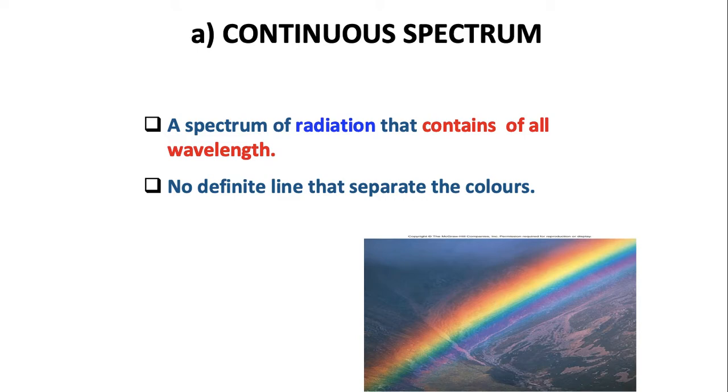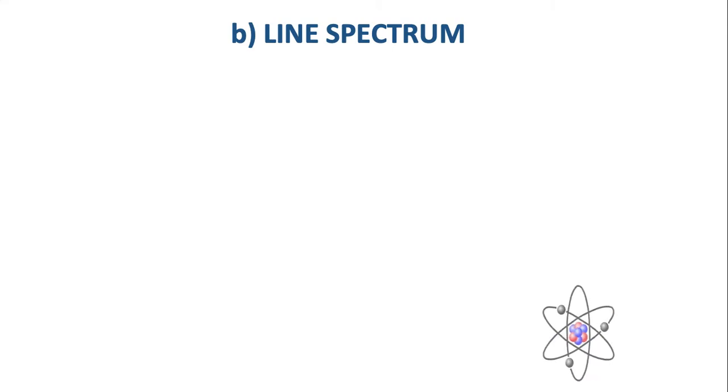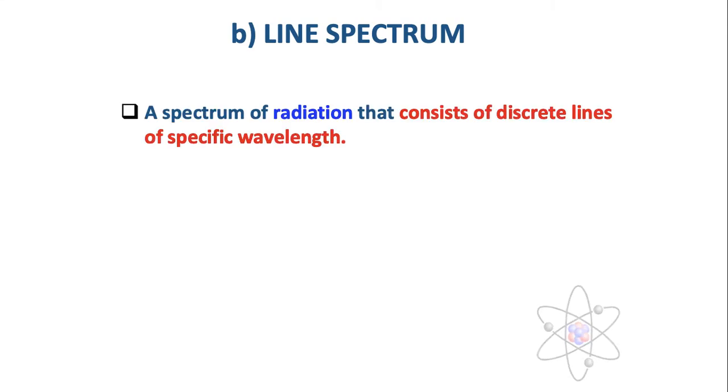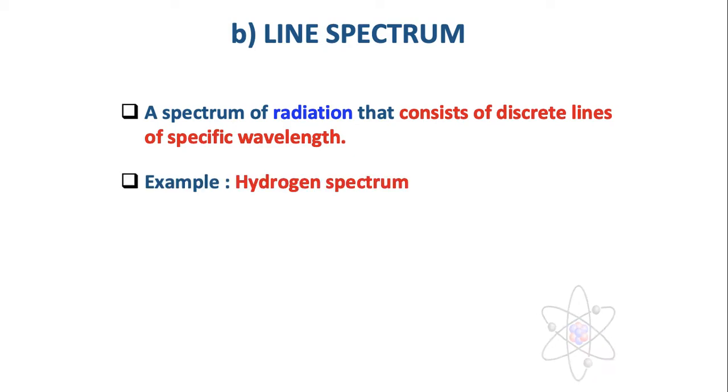There is no definite line that separates the colors, that's why it's named continuous. For example, a rainbow. Secondly, line spectrum is a spectrum of radiation that consists of discrete lines of specific wavelength.